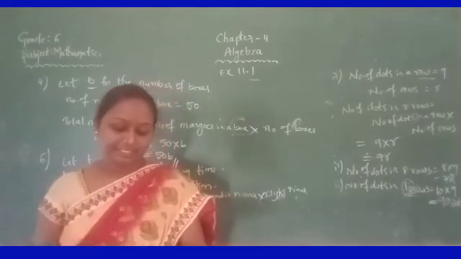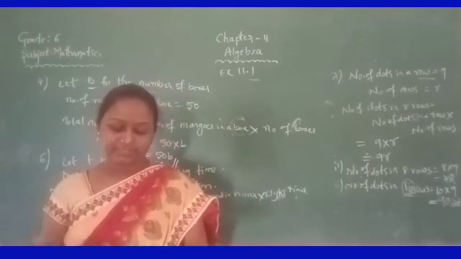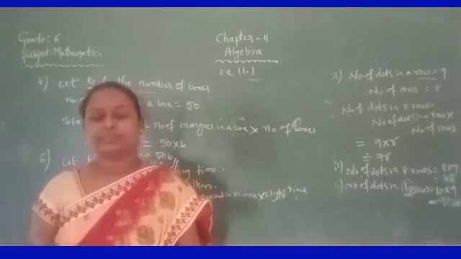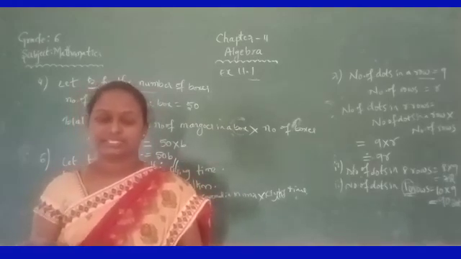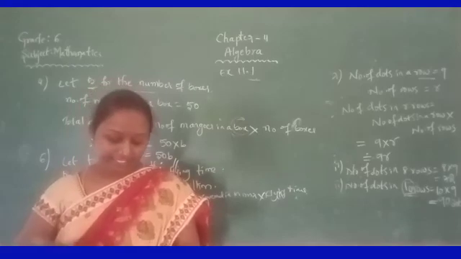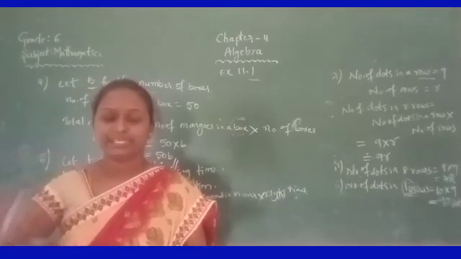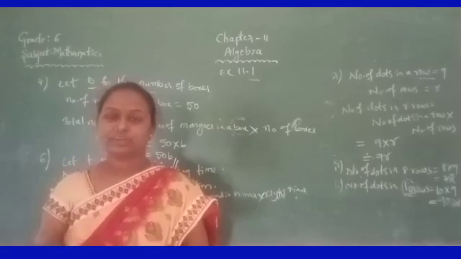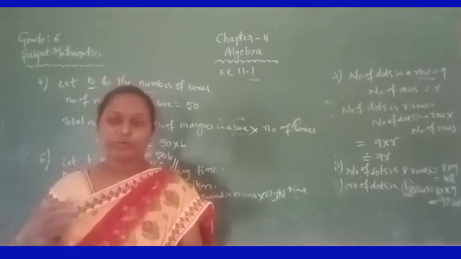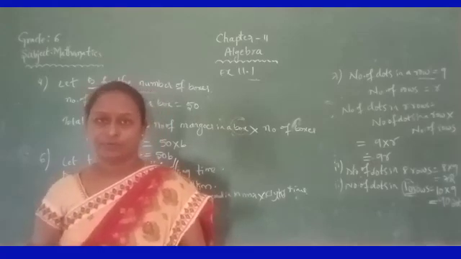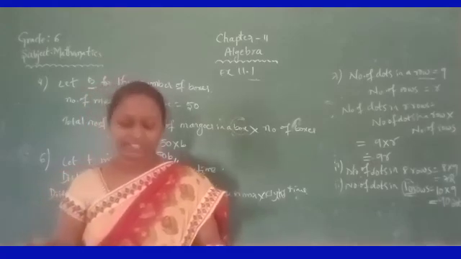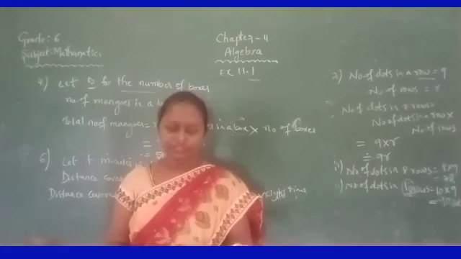So you have to write this age in terms of x. Consider Radha's age as x years. Leela is Radha's younger sister, that means 4 years younger, so x minus 4. What is the answer? x minus 4. This one also you have to do.